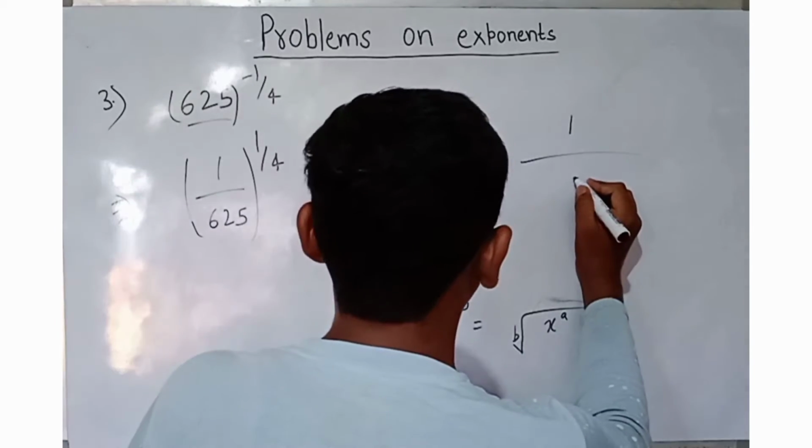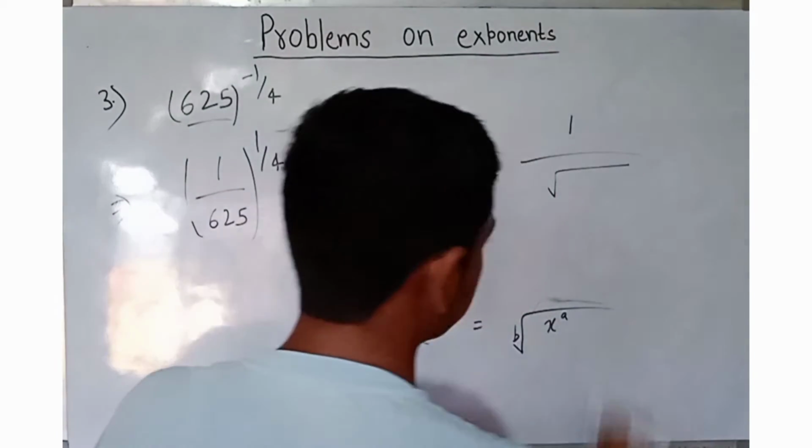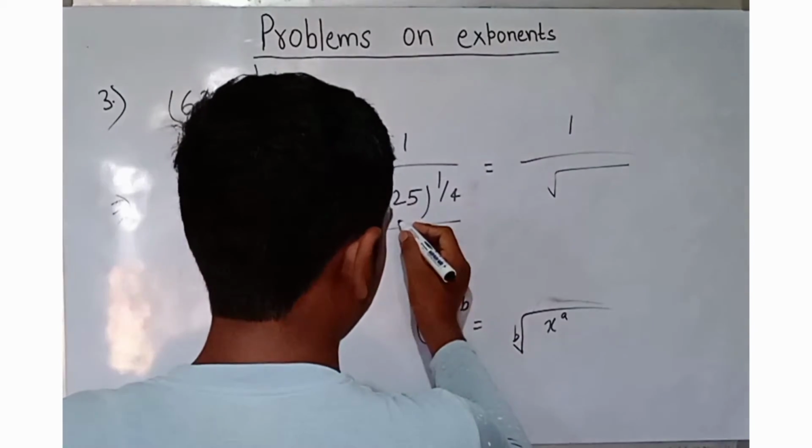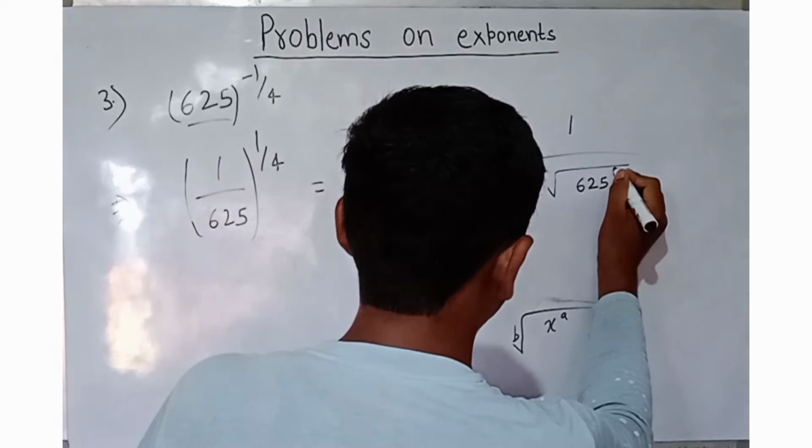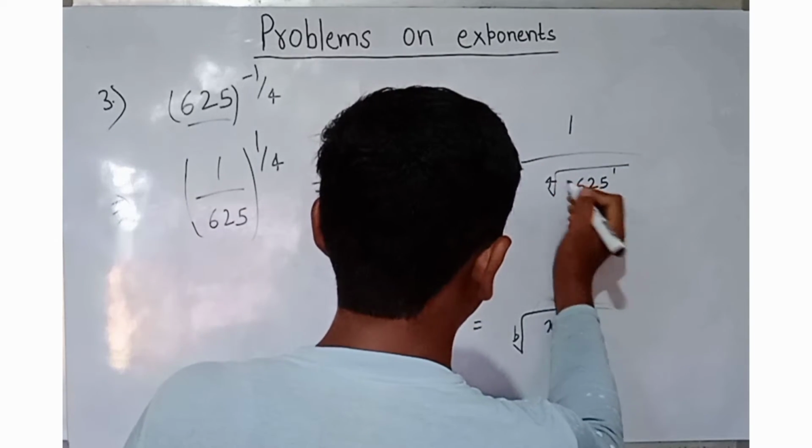Relate this, so it will be root 625 power 1, and here will be 4.